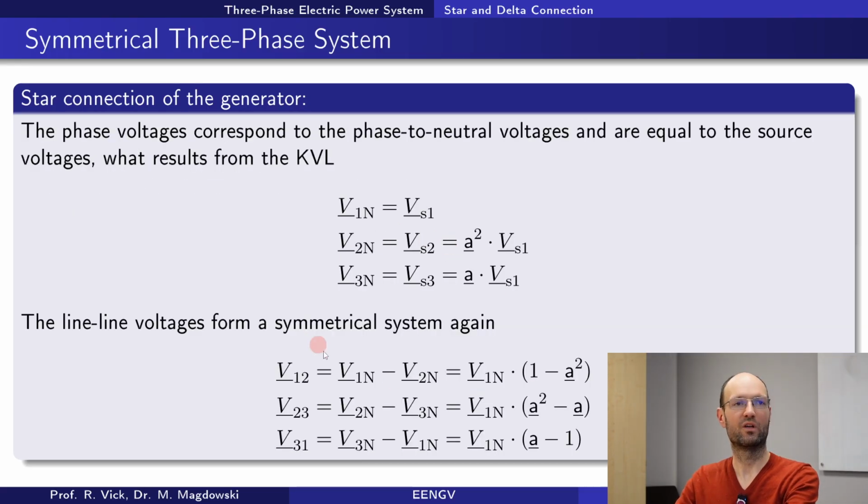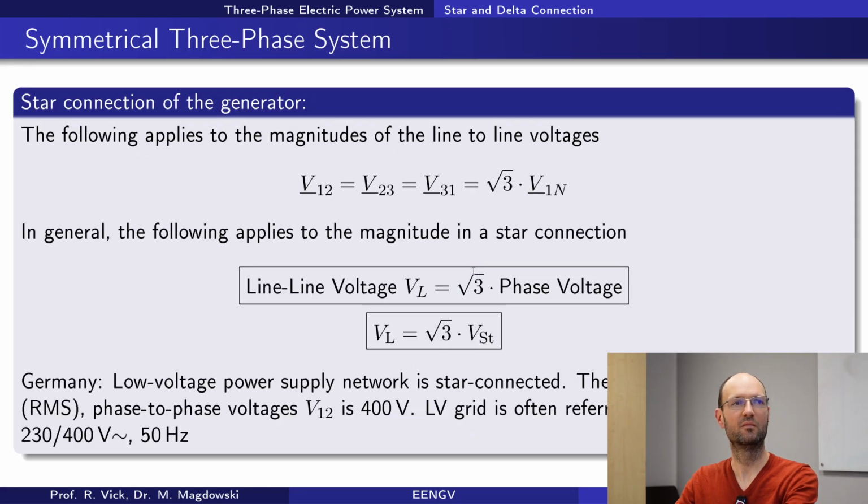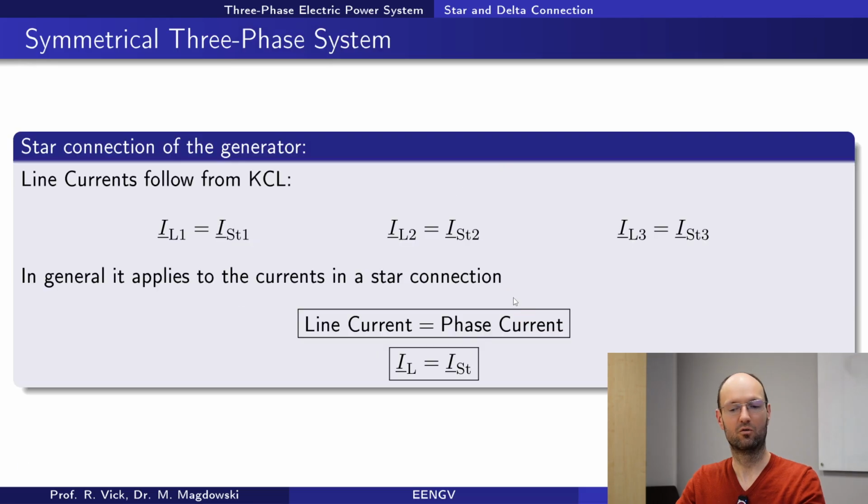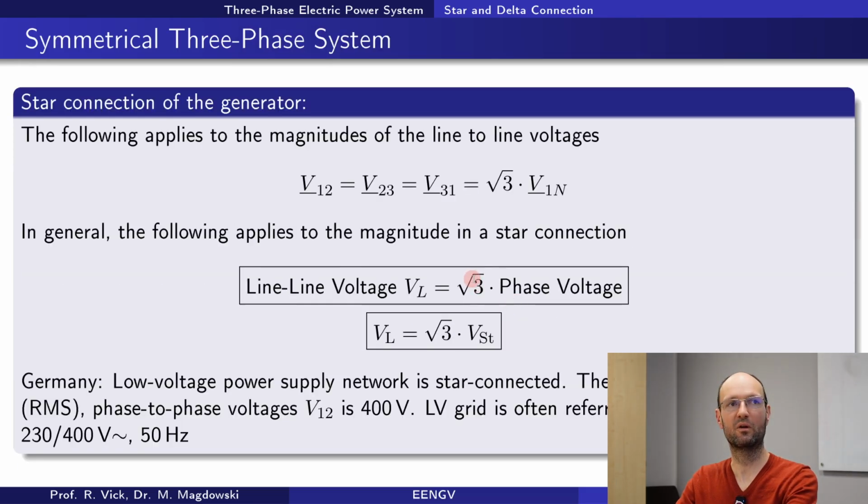So we can rewrite them using our rotation operator here, and then we can calculate line-to-line voltages, and from our rotation operator and from what we just did here, we get this factor of square root of 3. So the line-to-line voltages in the star connection are square root of 3 times larger than the phase voltages.